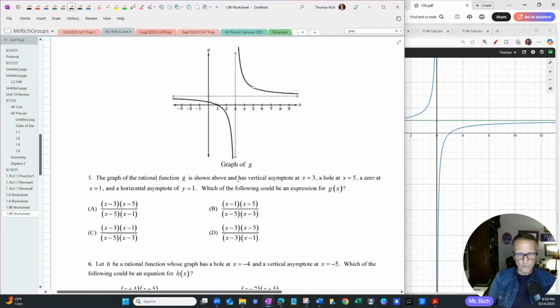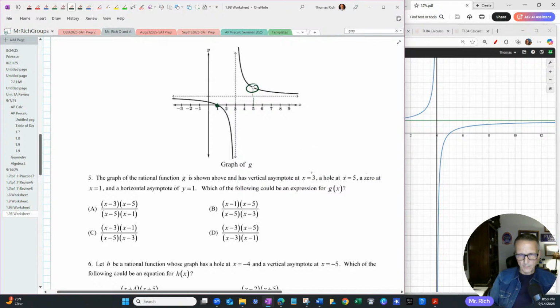Well, they tell us there's a vertical asymptote at 3. Yeah, I can see that. There's a hole at x equals 5. There it is. The x coordinate there is 5. There's a 0 at 1. Yep, there's your x-intercept right there. And a horizontal asymptote, horizontal line at y equals 1. Makes total sense.